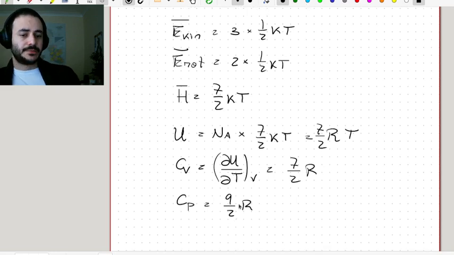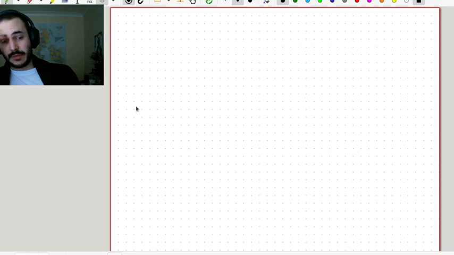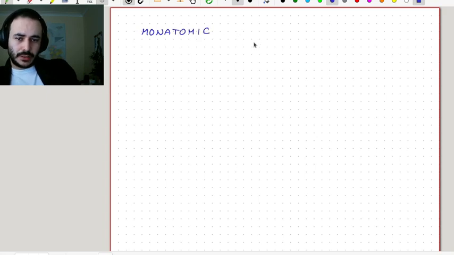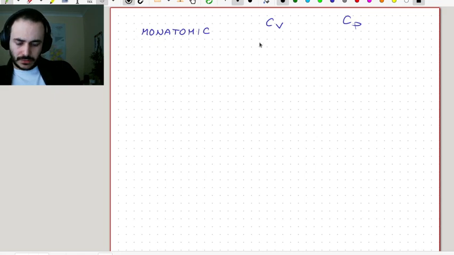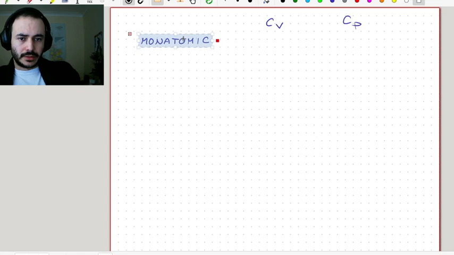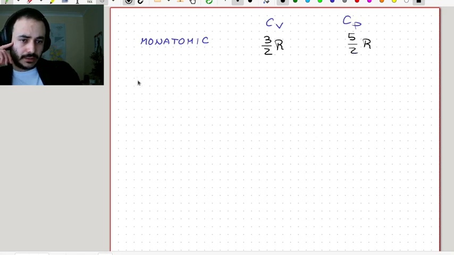Okay, so just as a summary table of what we have learned, let's write it here: in a monatomic ideal gas, let's write here C_V and here C_P. In the monatomic case, what you have is 3/2 of R and 5/2 of R as C_V and C_P respectively.